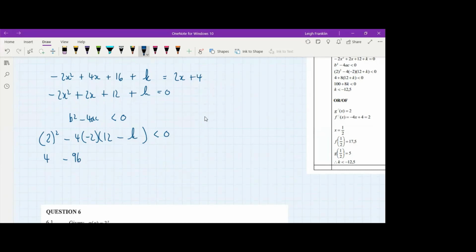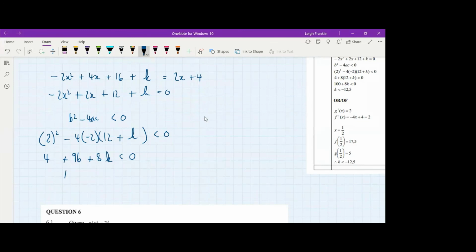Okay, so b squared, so that would be 2 squared minus 4 times a is minus 2, c is 12 plus k, is smaller than 0. So this gives us 4 minus 8 times 12 now. 8 times 12 is 96. Ma'am, plus k, not minus k. She made a mistake. There we go, sorry, I'm rushing now. So that should be positive 96 plus 8k is smaller than 0.